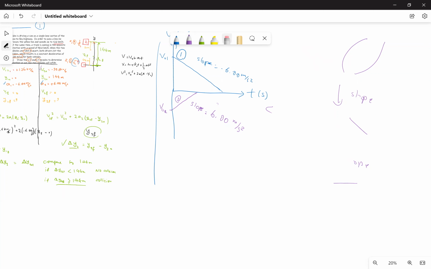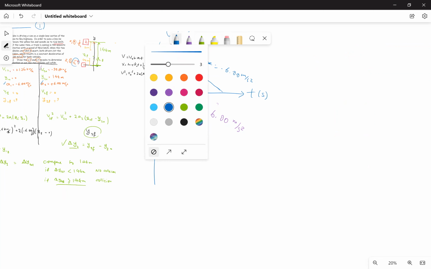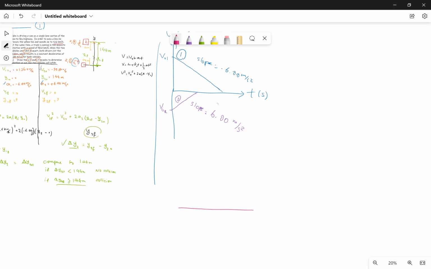Let me erase this. Let me pick another color, this type of red, dark red almost. Position time, x versus time in seconds and in meters. Okay, I know that the initial position of car 1 is going to be 0.